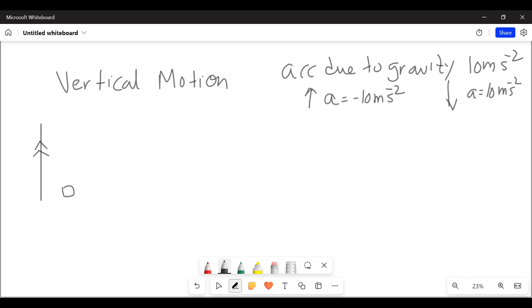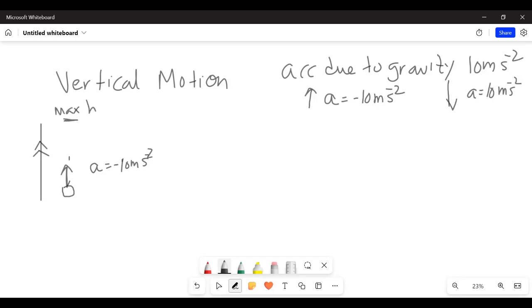Okay, so if this is going upwards, we know that its acceleration is negative 10 meters per second square. And we also know that at its maximum height, the final speed will be 0.